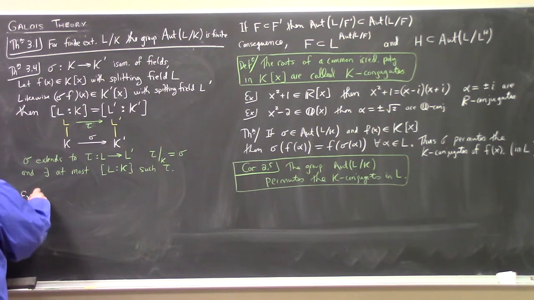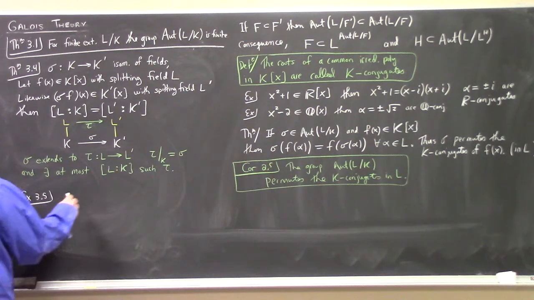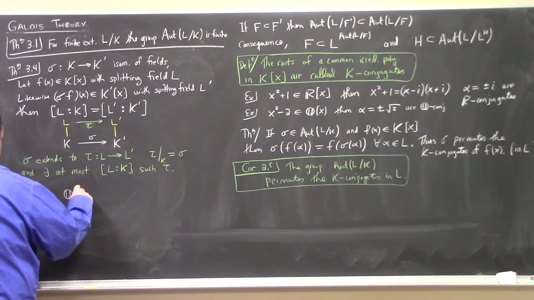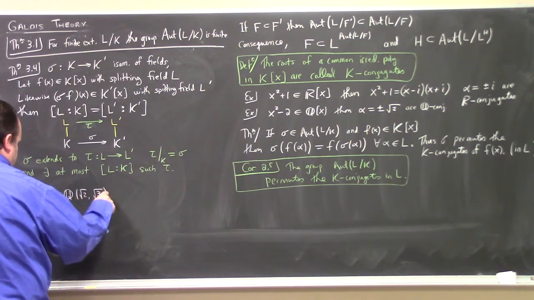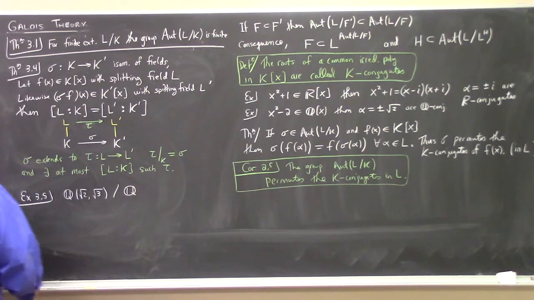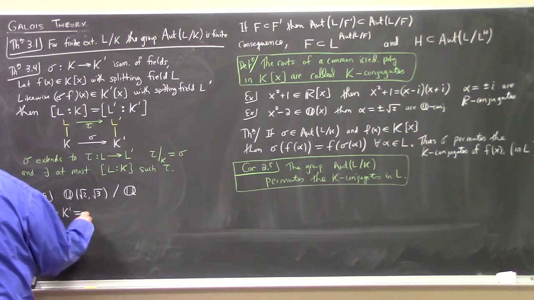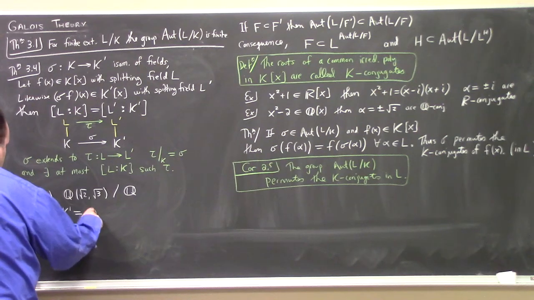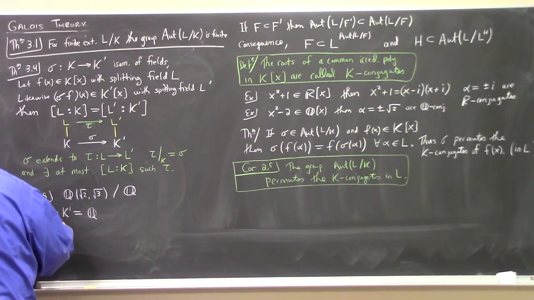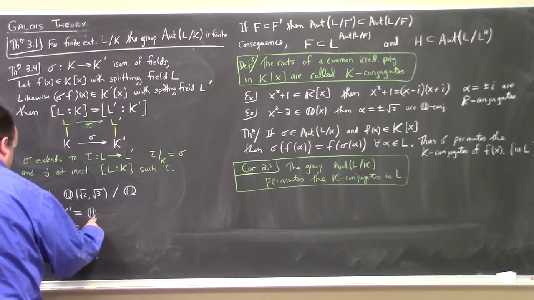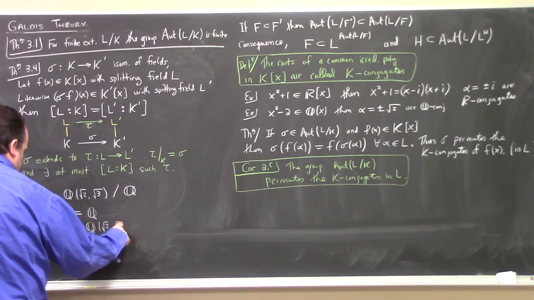Example 3.5, we have Q adjoin square root of 2, square root of 3, so the biquadratic extension over Q. This has degree 4, and so in theorem 3.4, he puts K equal to K prime equal to Q, and L equal to L prime equal to Q adjoin square root of 2, square root of 3, right?